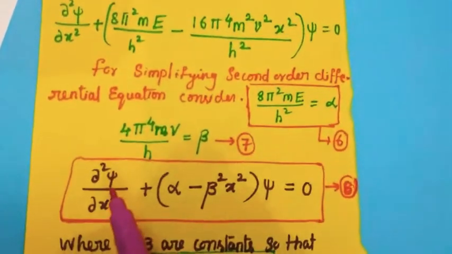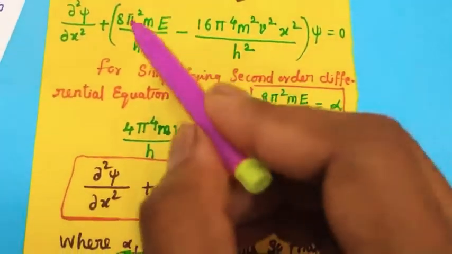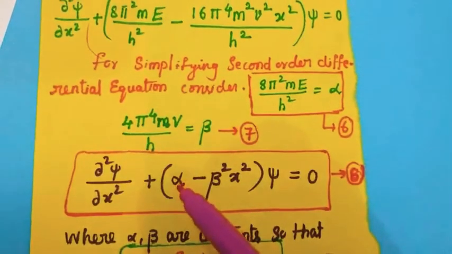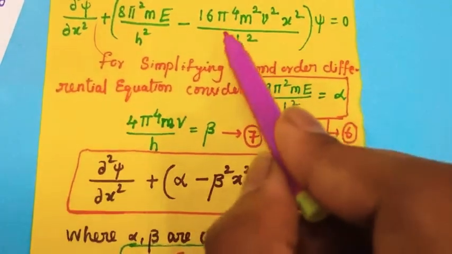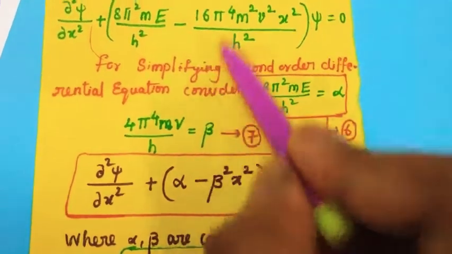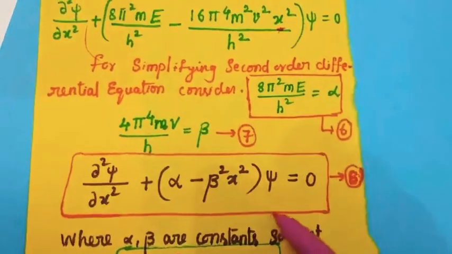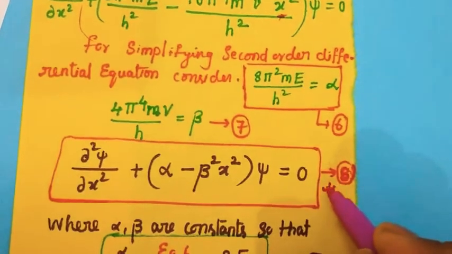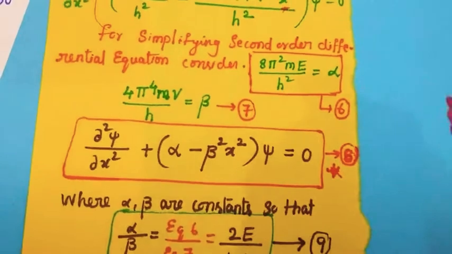So you can notice the dou square psi upon dou x square as it is we are writing, and this entire terminology we are replacing as alpha. Alpha is nothing but 8 pi square m E upon h square. And here we are going to replace this entire term as beta square x square, psi equals to 0. This is actually our differential equation for simple harmonic oscillator, where we know the alpha and beta values.